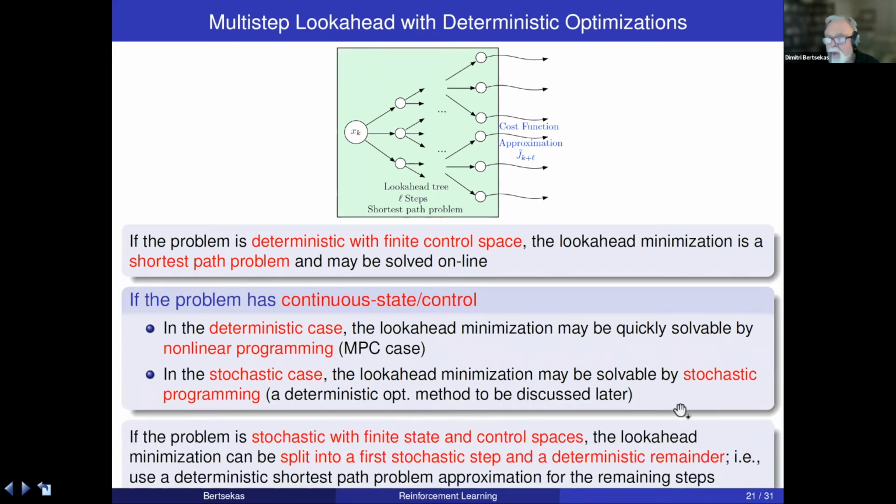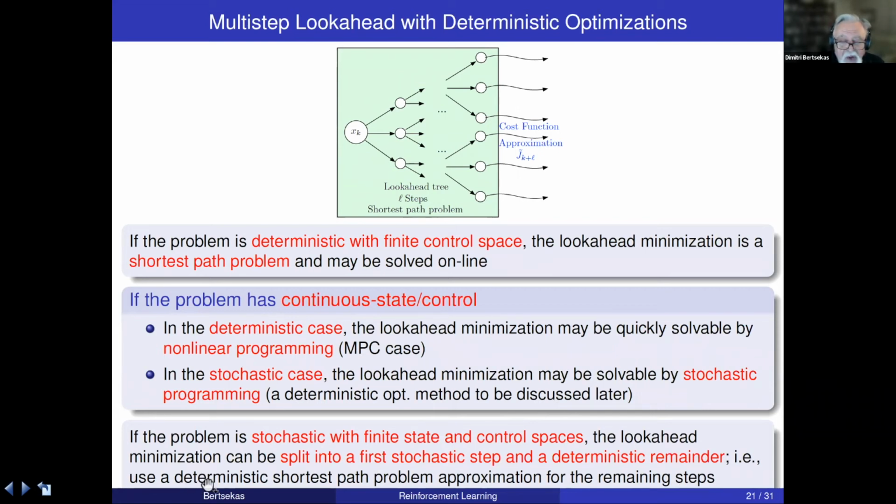Now, here's a suboptimal possibility that's interesting. Suppose you have a stochastic problem with finite state and control spaces, and you're looking at L-step look ahead. Now, suppose you do the following approximation. You split the look ahead minimization into a first step, which is stochastic, and then a deterministic remainder, for example, by using certainty equivalence.